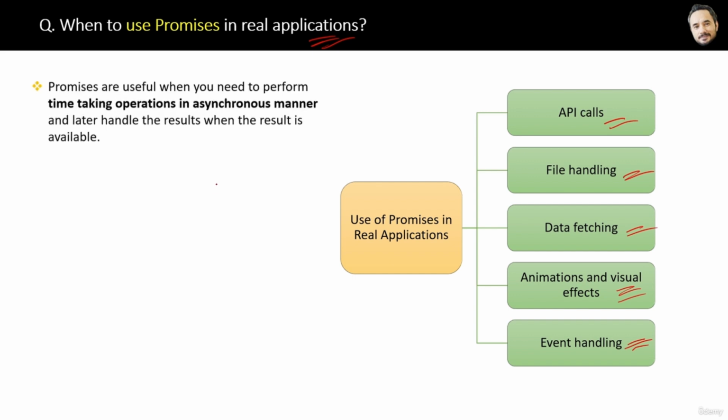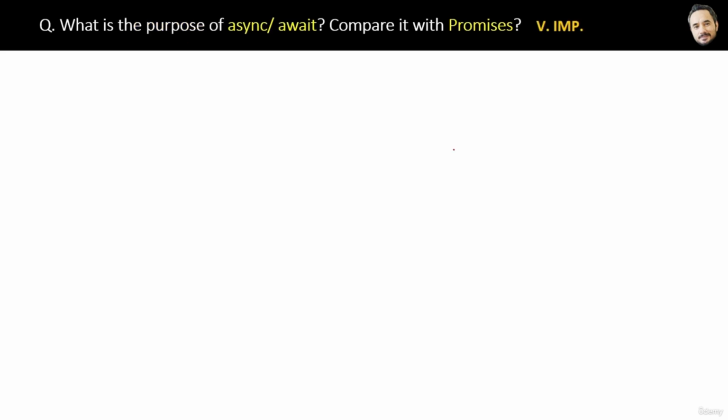The point is, promises are useful when you need to perform a time-consuming operation asynchronously and later handle the results when they are available. Because, as the name suggests, a promise will not give you data immediately, but it promises to give you the result after some time, definitely.